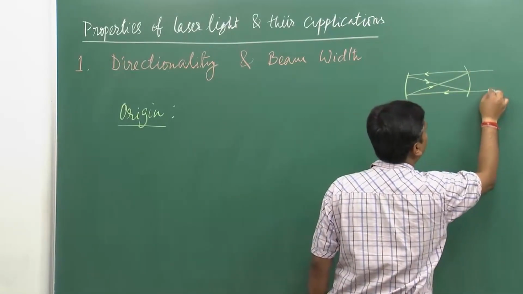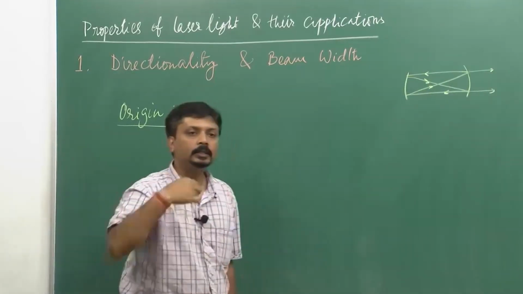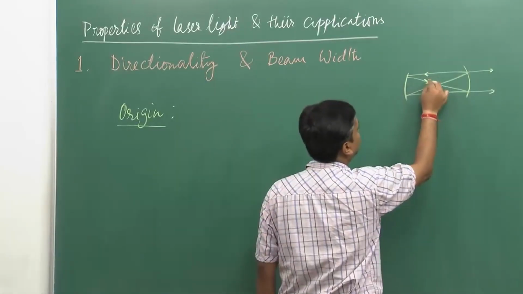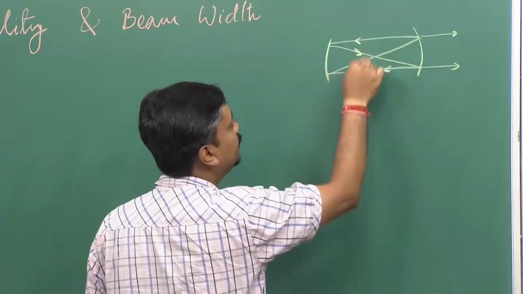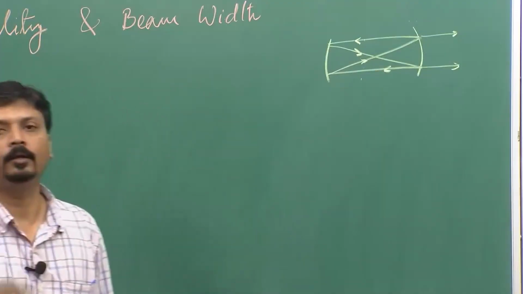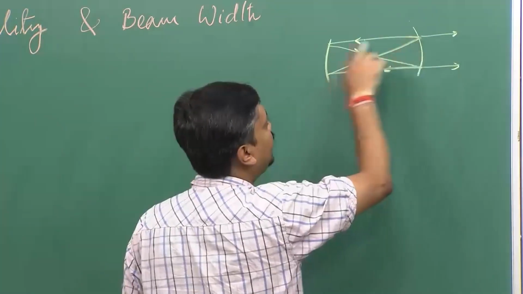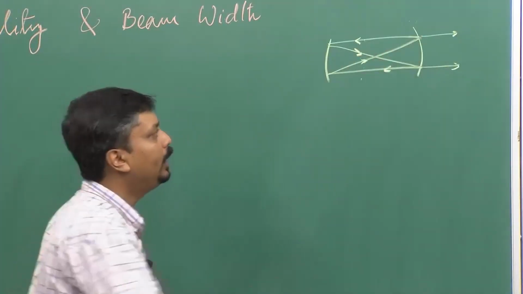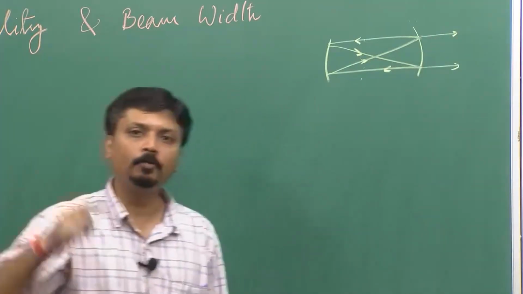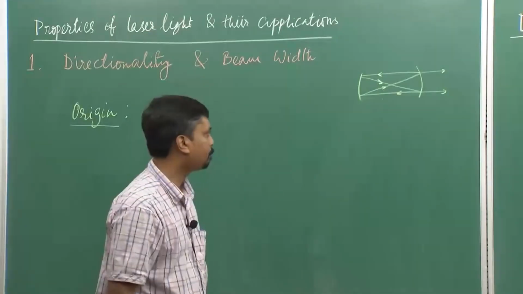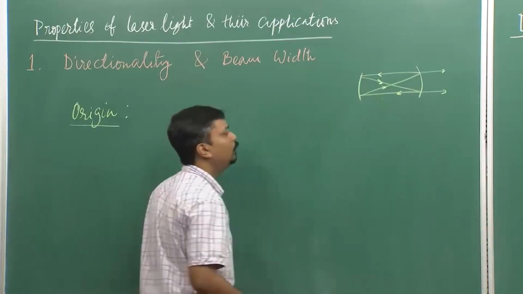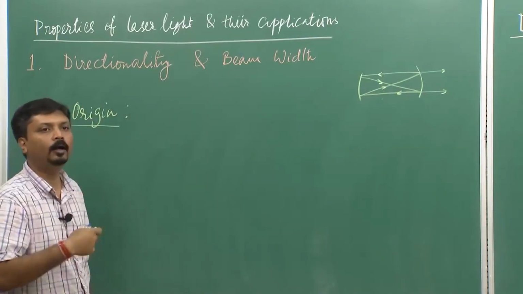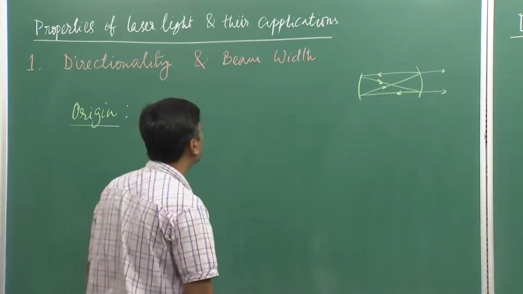The spontaneous photons which have their k vector lying parallel to this axis and fall within this width will be amplified, and they will keep their direction along this axis. So, when they come out, they have no other option but to follow this direction. This is the reason that we see a very large directionality.